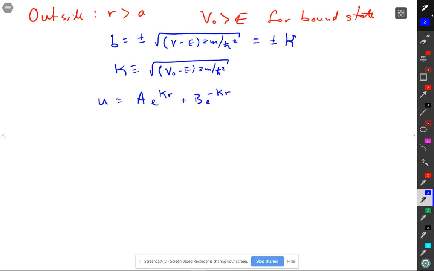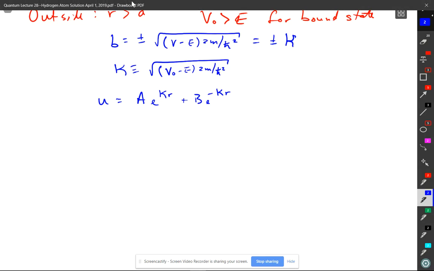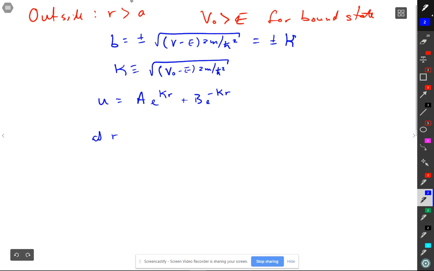Once again, Chad told us that it has to be normalizable and continuous. This is going to be continuous in all r's from a to infinity, but as r approaches, actually, I should probably be more careful. Capital R outside is equal to u over r is equal to.